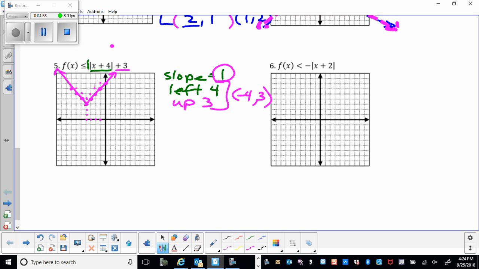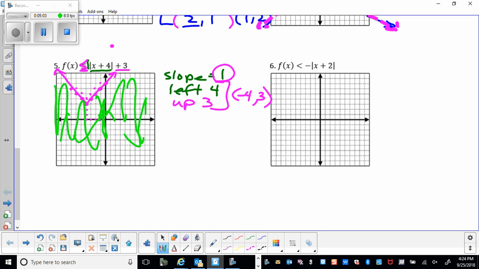So that is the graph. And it's going to be solid because I've got this equal sign too. Now I'm going to shade. It says less than or equal to, so less than is below. So I'm going to shade in all the area below.